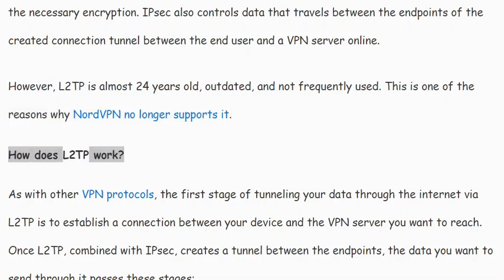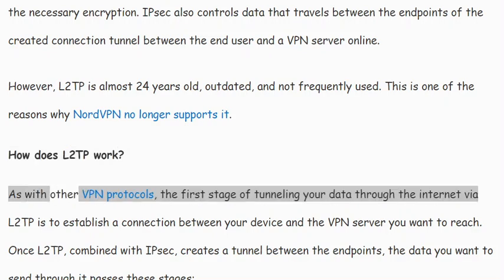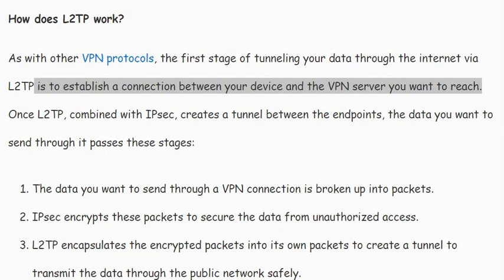How does L2TP work? As with other VPN protocols, the first stage of tunneling your data through the internet via L2TP is to establish a connection between your device and the VPN server you want to reach.